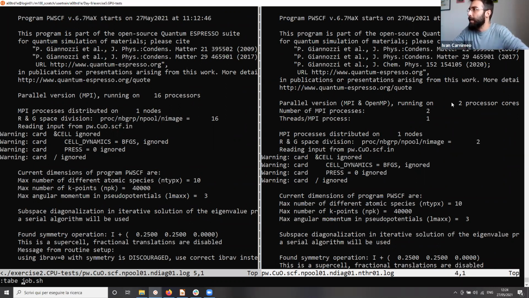So in this case we have 16 CPU cores available, but we are using only 2 of them because we have only 2 GPUs. What you can do is use OpenMP to use the remaining CPU cores that have not been employed. We cannot use 16 cores here because we would mess up communications, since we have only 2 GPUs.